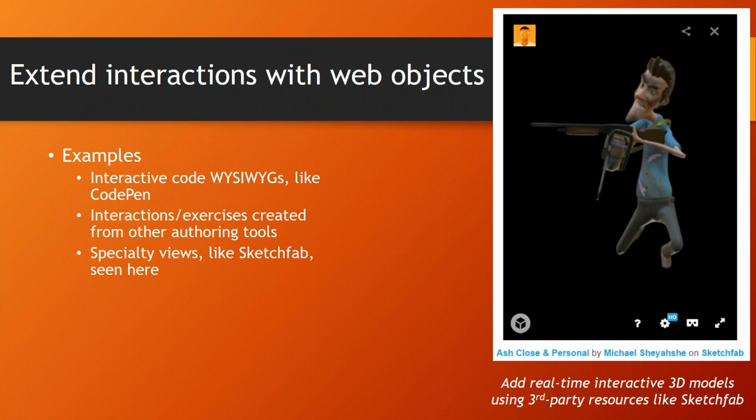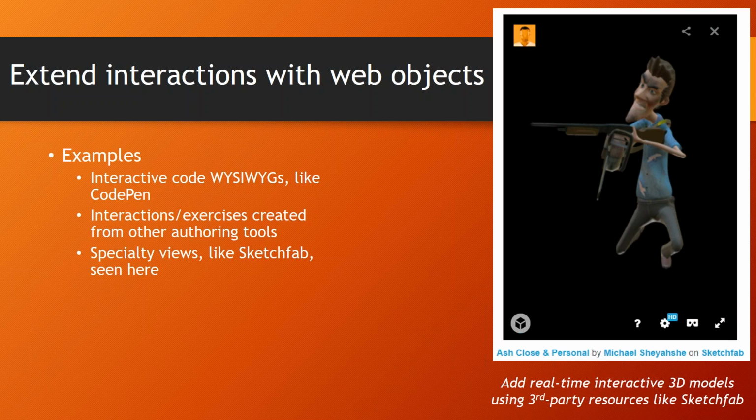We'll talk about using web objects, and again, this is a really great way to shortcut and add interactivity. In my case, I used a third-party website and brought in one of my 3D models to allow people to navigate it and view it in real time and to play with the model, right there on the phone or the iPad or whatever I had available to demo it, to show the things that went into making this demo.